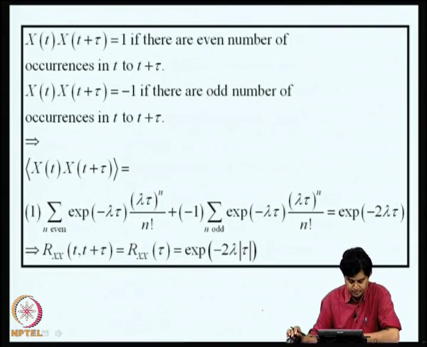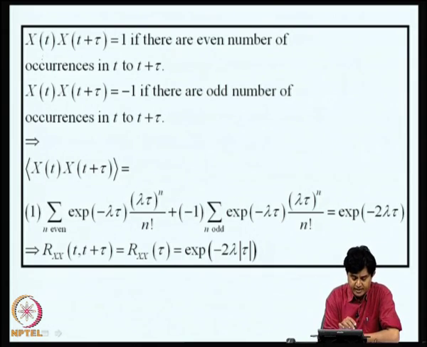Now, what is the correlation function, autocorrelation? Again, x of t takes two values, plus 1 and minus 1. Therefore, the product x of t into x of t plus tau is 1 if there are an even number of occurrences in t to t plus tau, otherwise it is minus 1. So, based on this argument, we can write the expectation of x of t into x of t plus tau, and we can show that the autocorrelation function is a function of modulus of tau.